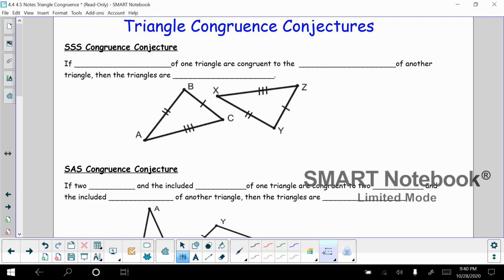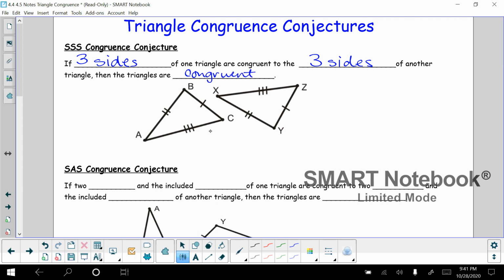This first one's called the SSS congruence conjecture. If 3 sides of one triangle are congruent to the 3 sides of another triangle, then the triangles are congruent.